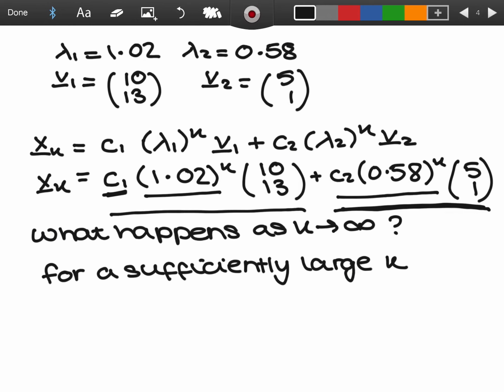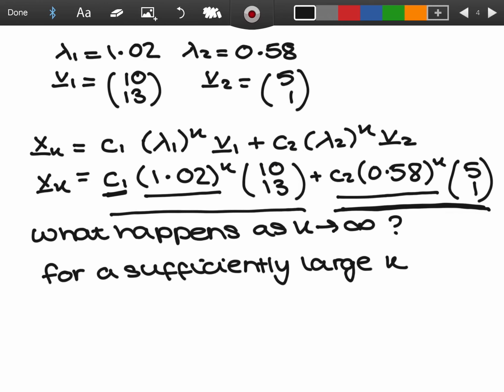So we're going to assume that C1 is greater than 0. That's just a generalization. If it's negative, the problem is that this thing's going to go off to negative infinity. You can't really have a population go to negative infinity. It either goes to 0 or it shoots off to some large number, so you can't have a negative population. So we're going to assume that C1 is greater than 0.